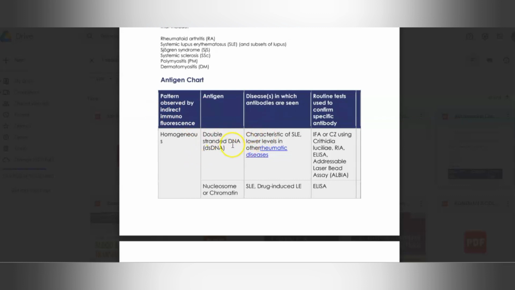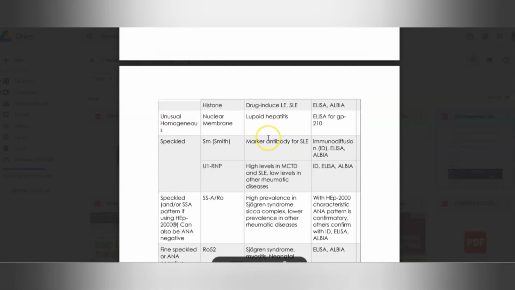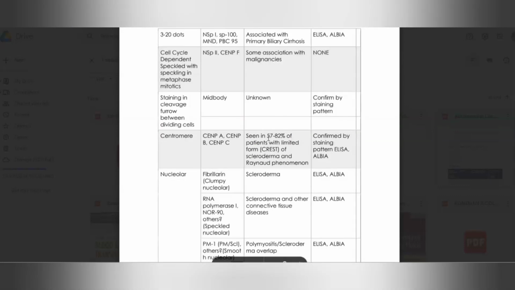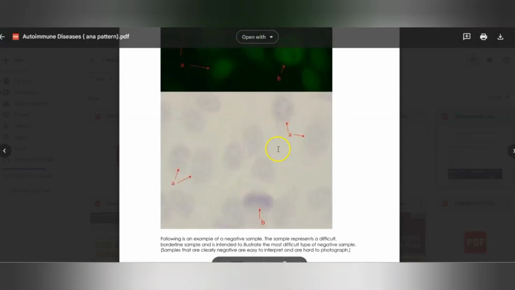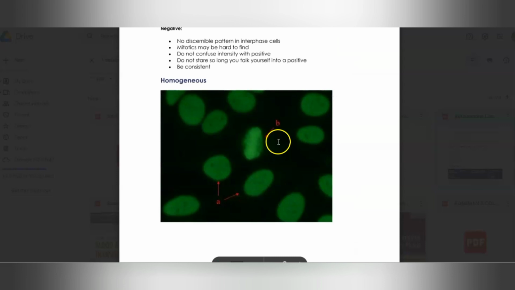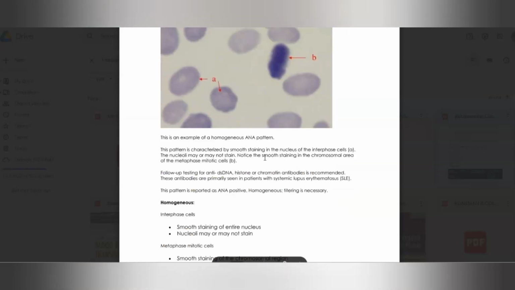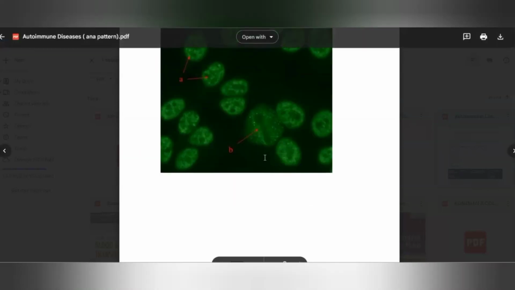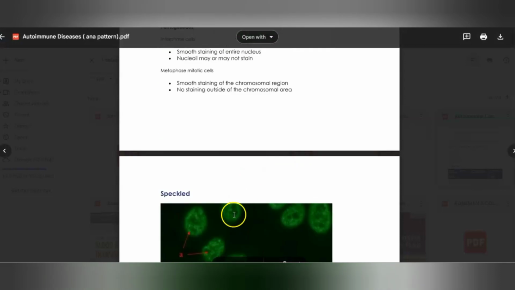This is examinable. You will find that most of the time you are given a disease and told to explain the pattern, or you are given a pictorial of a pattern, like this one, and then you are told to explain the pattern or the disease that is commonly seen in it. For example, let's see this speckled pattern.